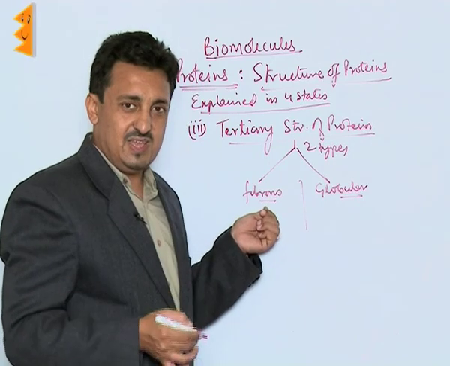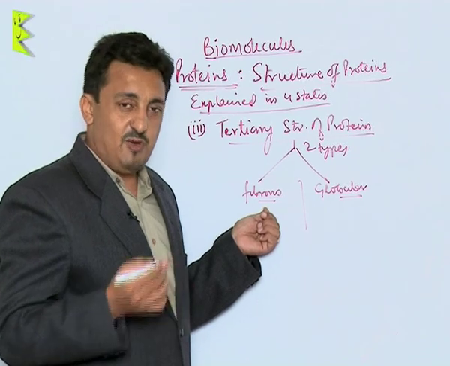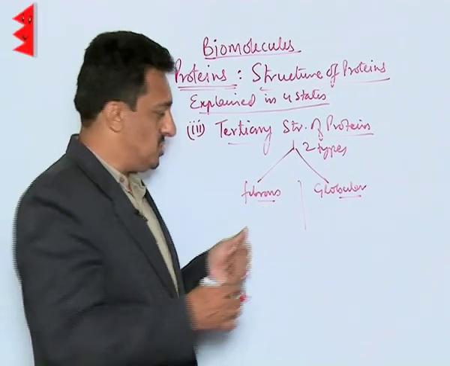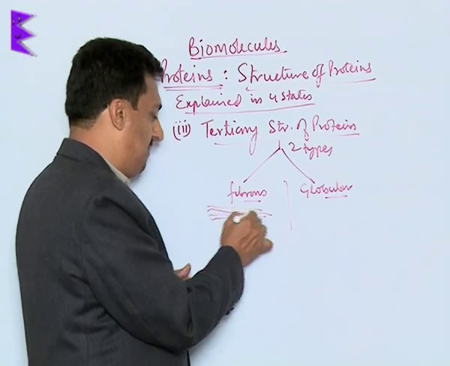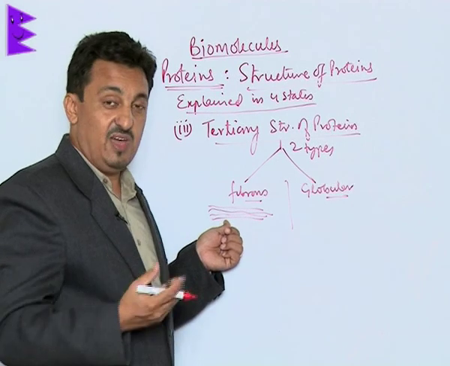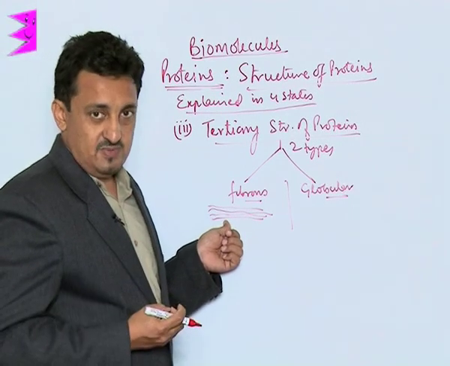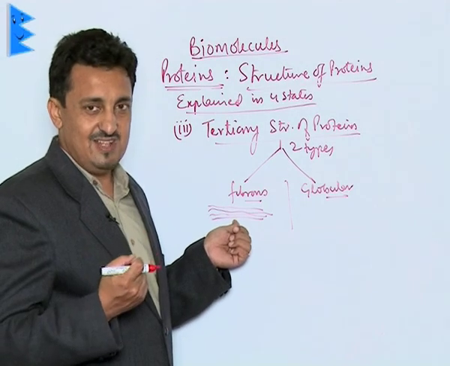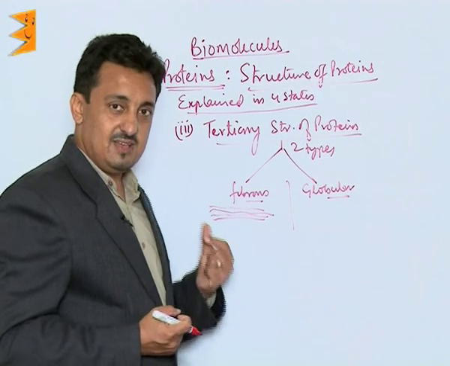Fibrous proteins are made up only of alpha helical secondary structures, so they are fiber-like. All these fiber-like polypeptide arrangements we find are basically secondary alpha helical structures. That is why these proteins are water insoluble and have very high tensile strength because of the strong hydrogen bondings, and they are fiber-like.